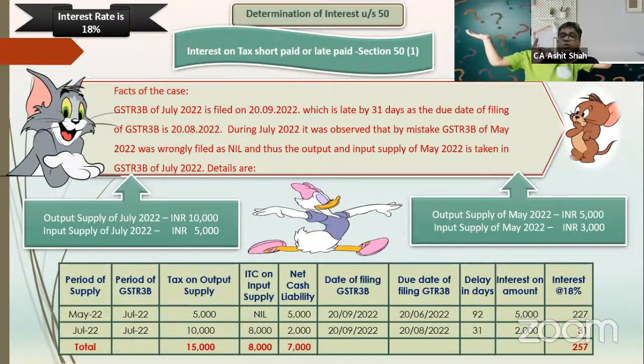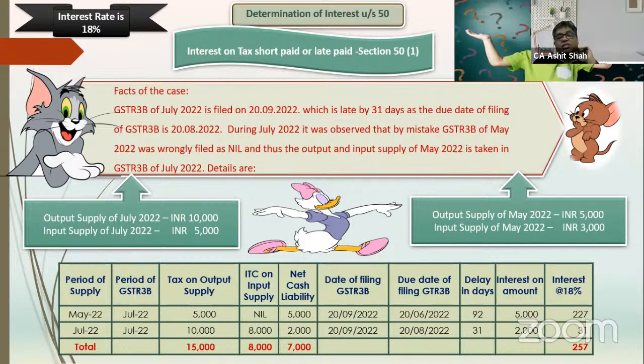Tax on input supply would be nil, because this input tax credit we can avail only in the month in which we are taking it. That means we are taking it in the July 22 return, and not in the month of May 2022. Therefore there is no input tax credit available for the month of May 22. So my net cash liability would be 5,000 rupees.